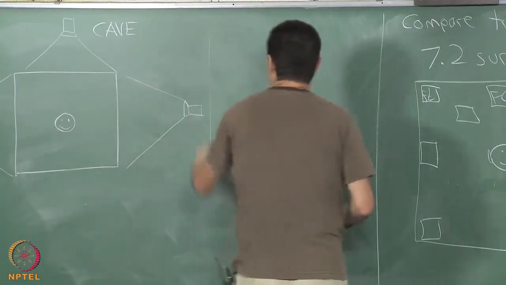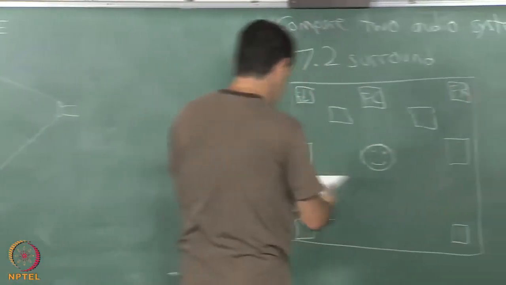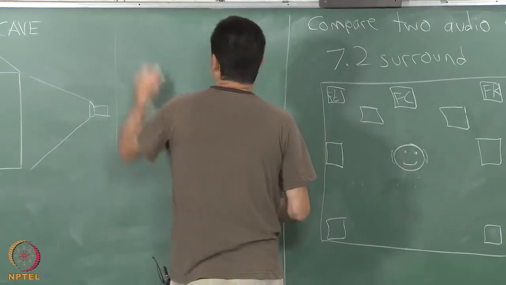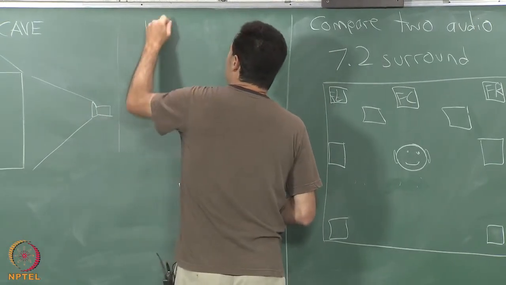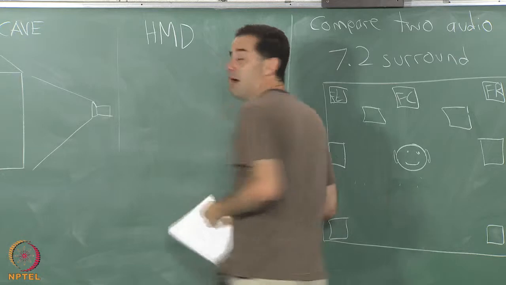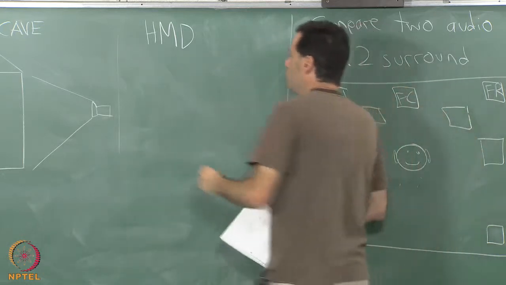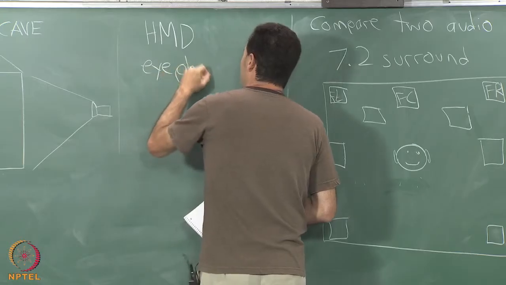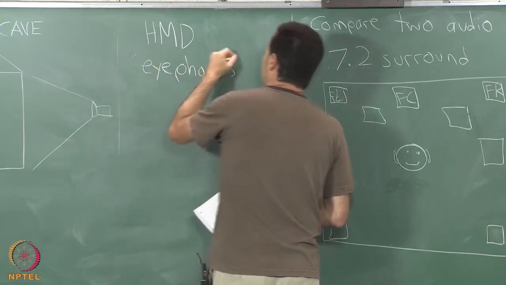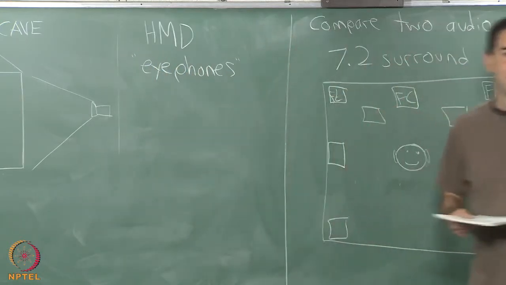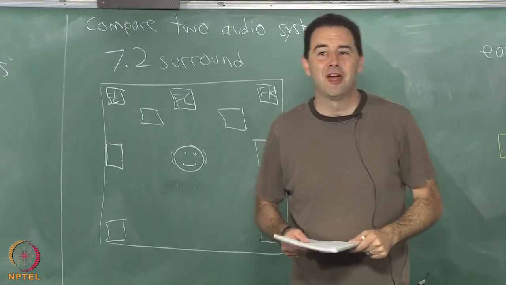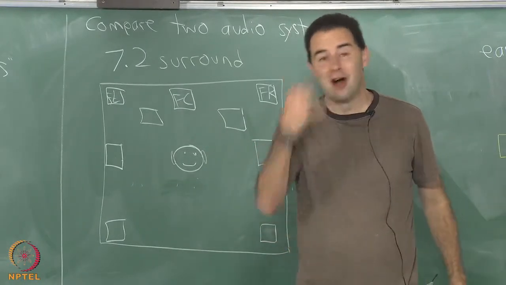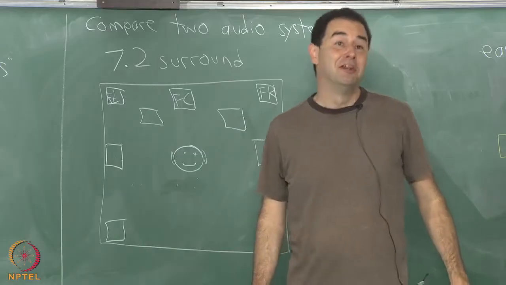The other one, making a perfect comparison here, would be what's called a head mounted display. I'll just write HMD, head mounted display. Another word for that is iPhones, right? Turns out Jaron Lanier used that term for his product with these goggles back in the 1980s.